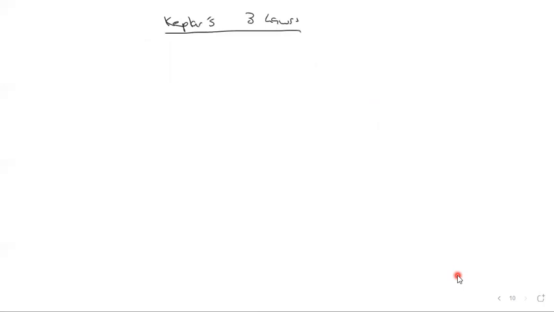We'll also briefly cover Kepler's 3 laws. Kepler's 3 laws are: 1, the law of ellipses, which basically says all orbits are ellipses, with the mass being orbited at a focus of the ellipse. 2 is the law of equal areas.